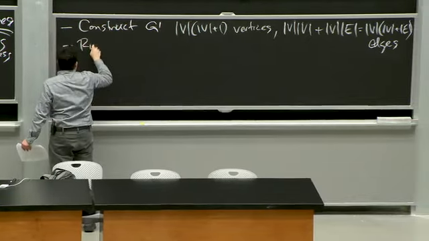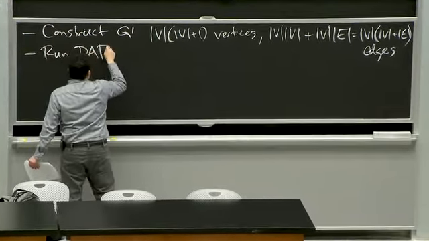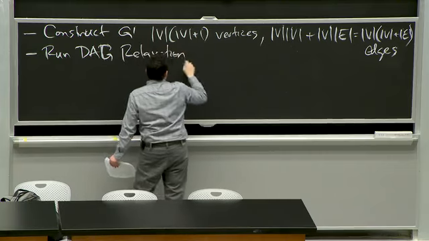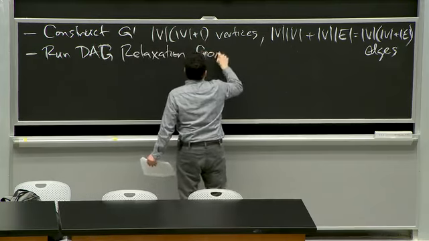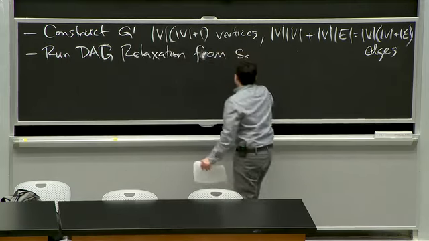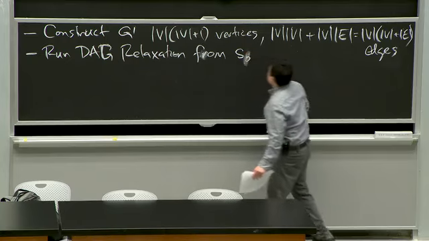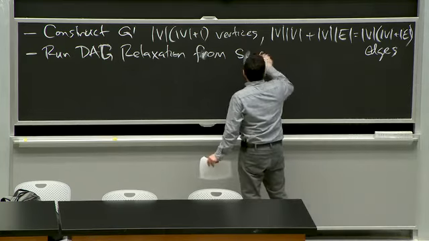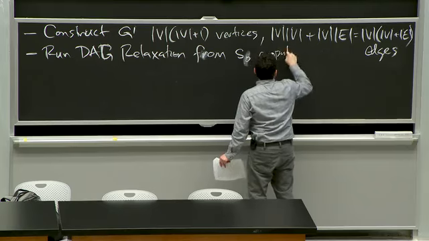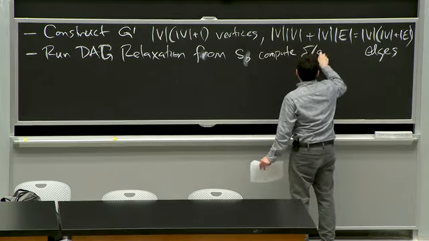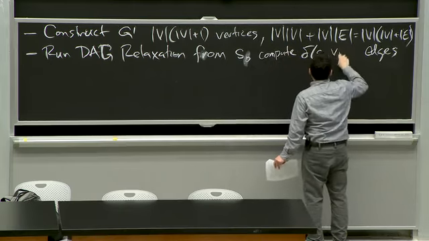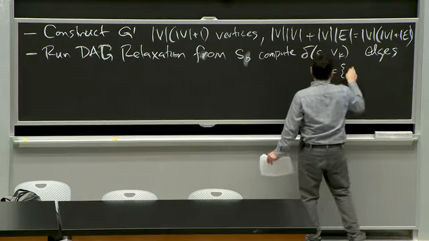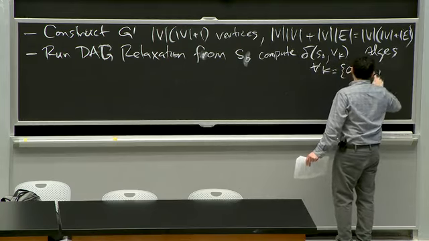Now I run DAG relaxation, our nice algorithm we had last time, from, in there it was A0, I'm going to say it's S0, our source vertex, single source shortest paths, so that I compute delta of S0 to Vk for all k in, what is it, 0 to V?